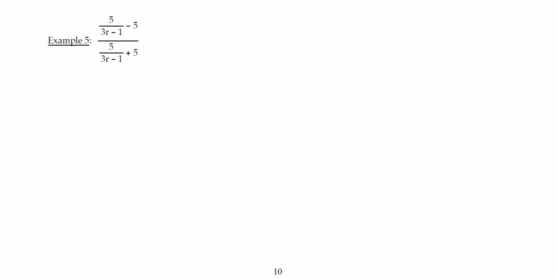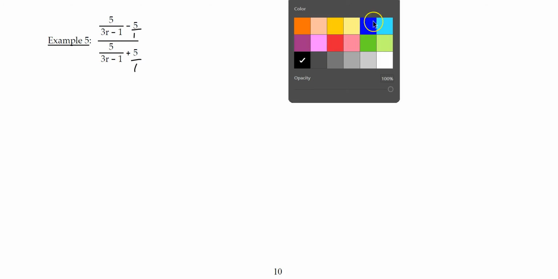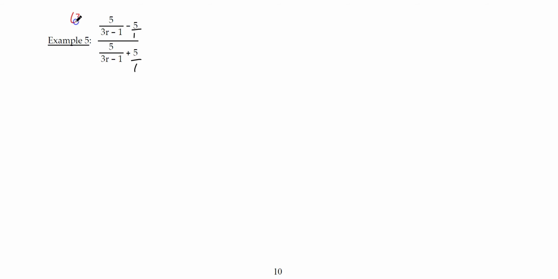On this problem, I would recognize the common denominator of 3r minus 1. It's a simple one. And then I'd multiply each term on the top and each term on the bottom by that.